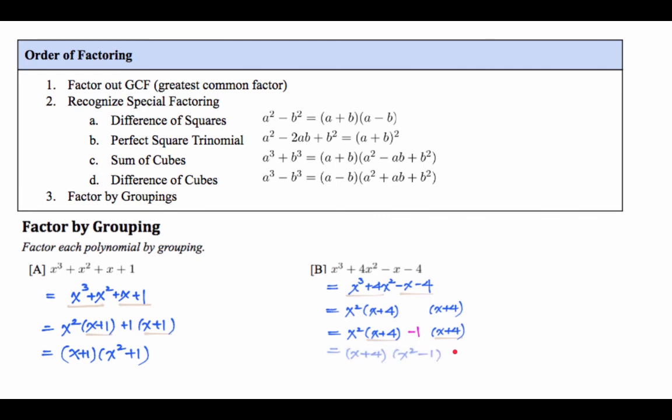And what's remaining? x squared minus 1. So the most common mistake here: you did all this hard work to get to this point, and you just forget and think, oh, gee, I'm done, right? No, we're not done. You have to examine, is there anything else we could do? And when you look, x squared minus 1 looks like, because 1 is 1 squared, right? So that looks a lot like a difference of squares. So we'll go through that process, and now we're done. So the final answer is (x plus 4) times (x plus 1) times (x minus 1).